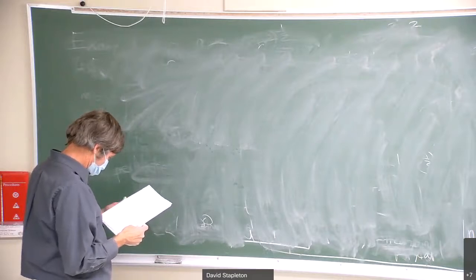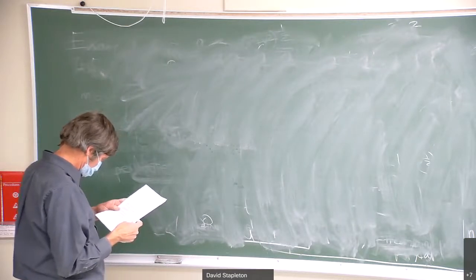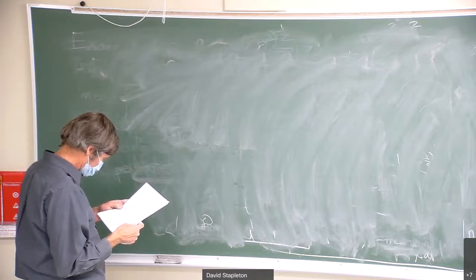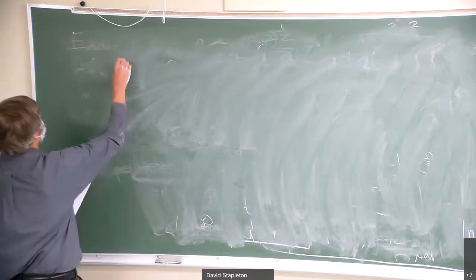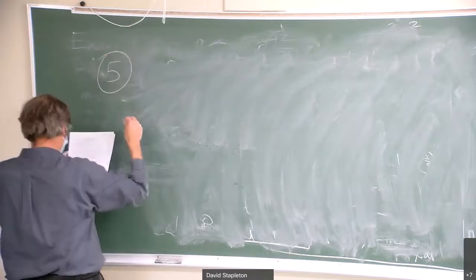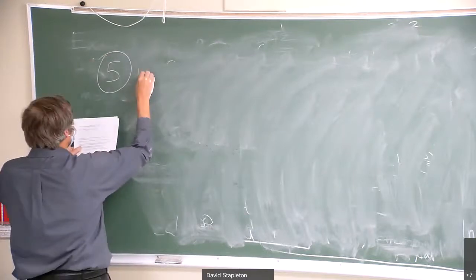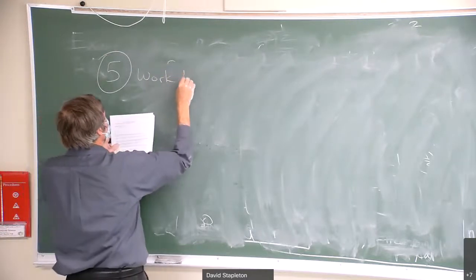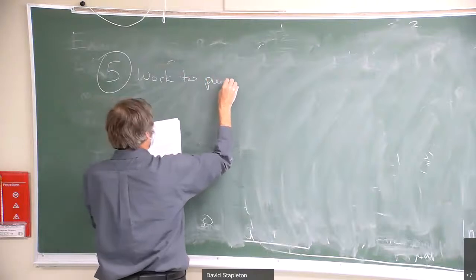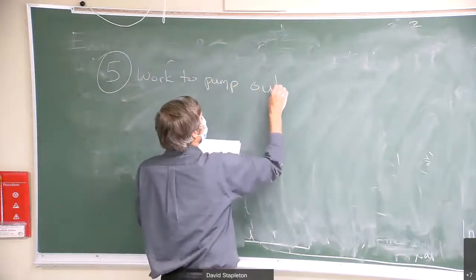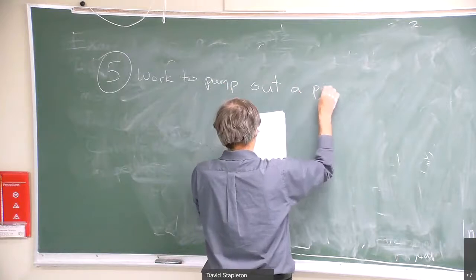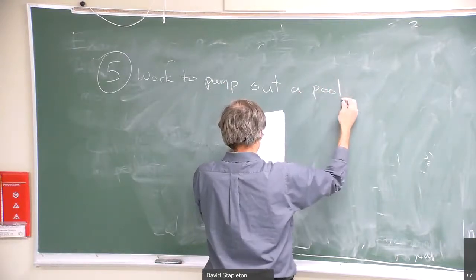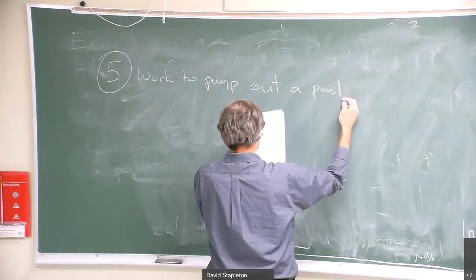Let's see, work. There's a spring work one here. Was there more than one? There's a pool. There's two work ones, I think. Okay, let's do 5 then with the pool. Find the work to pump water out of the pool to the top edge.